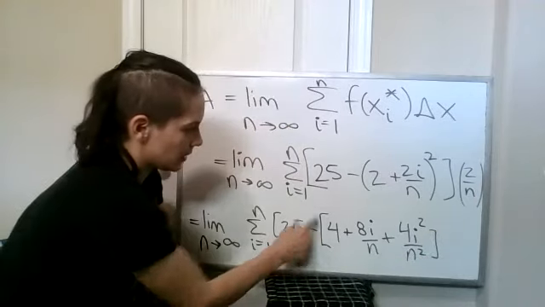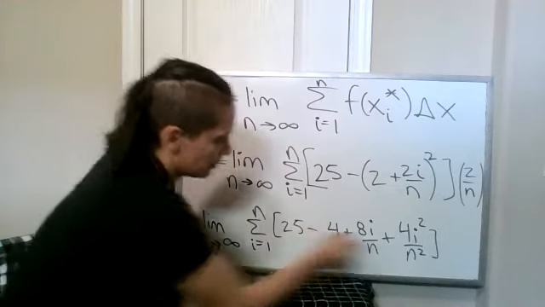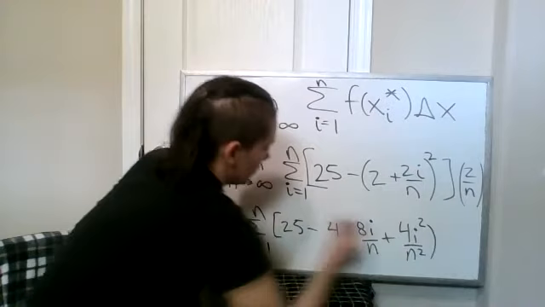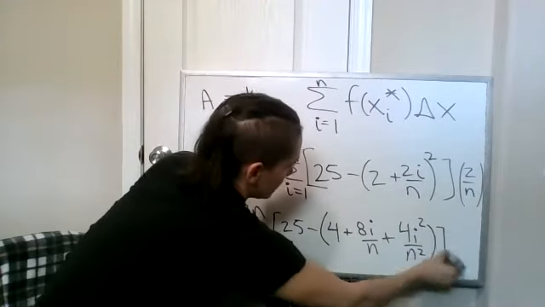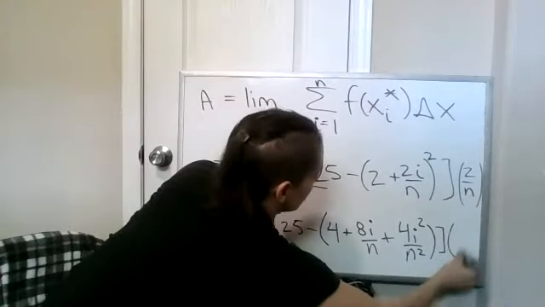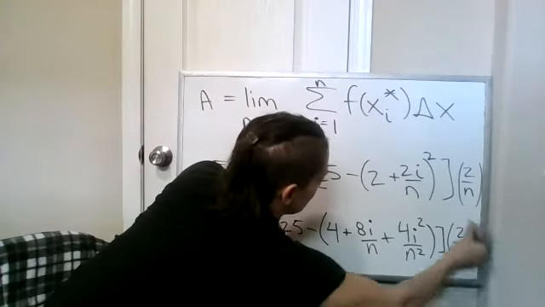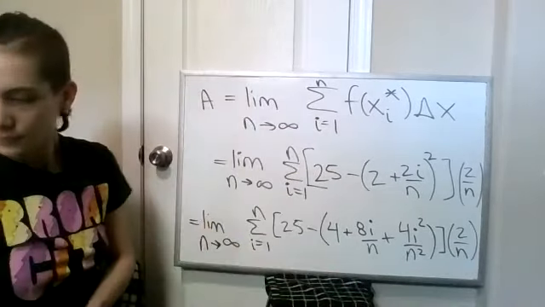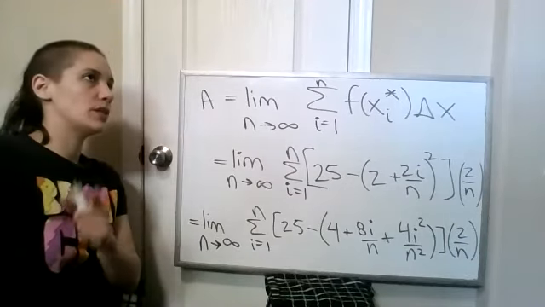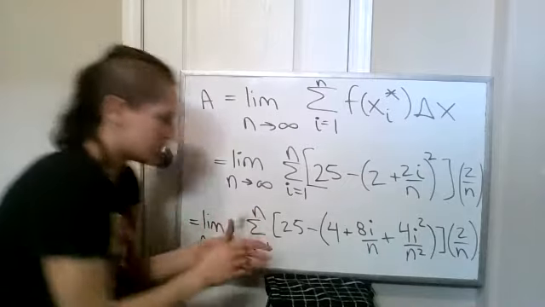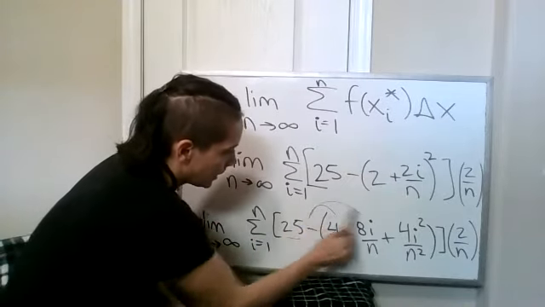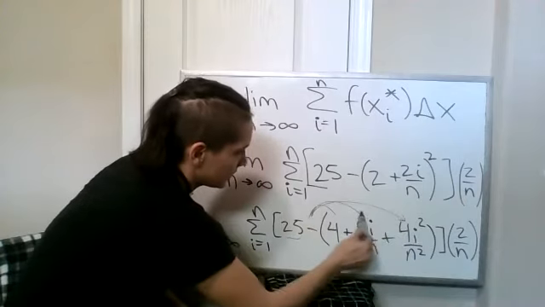So that's just being subtracted. And then times 2 over n. We're just going to distribute the negative sign, put those values together, and see what happens.